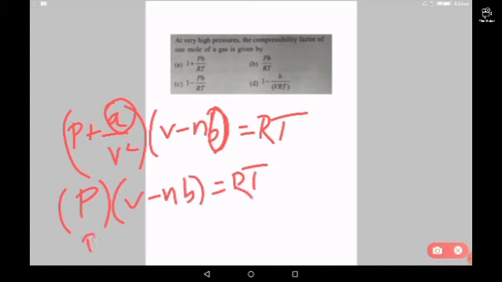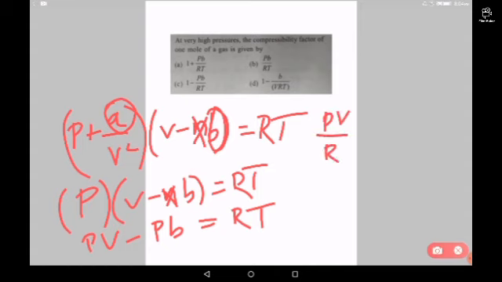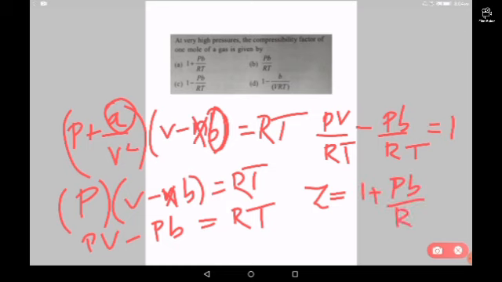So this will be PV minus, we don't need this n for 1 mole, so PV minus PB is equal to RT. Dividing throughout by RT, we will get PV by RT, which is our compressibility factor Z, minus PB by RT is equal to 1, and then we will get Z as 1 plus PB by RT.